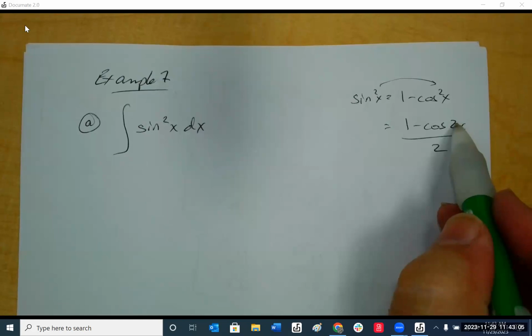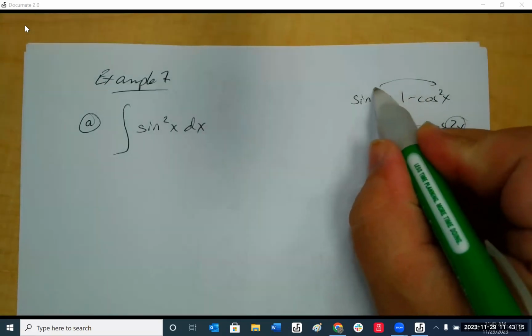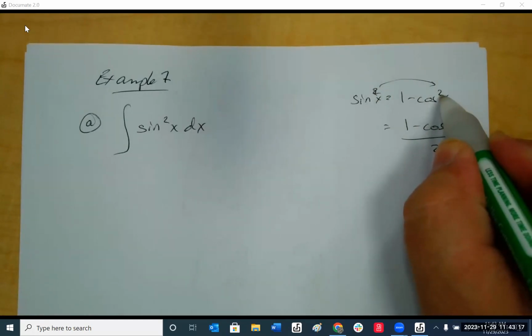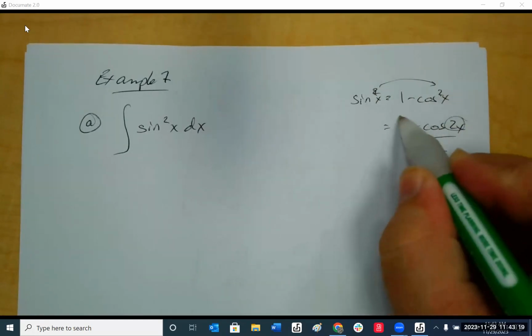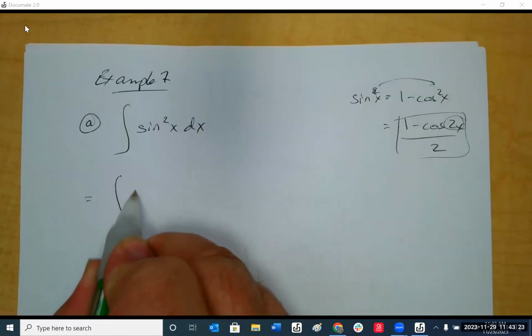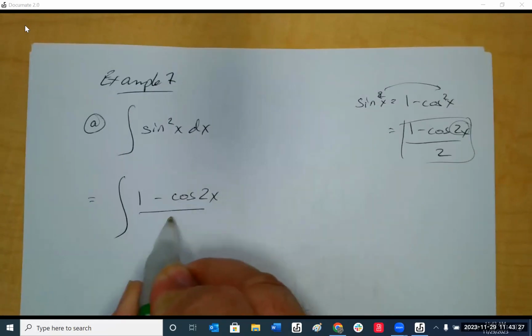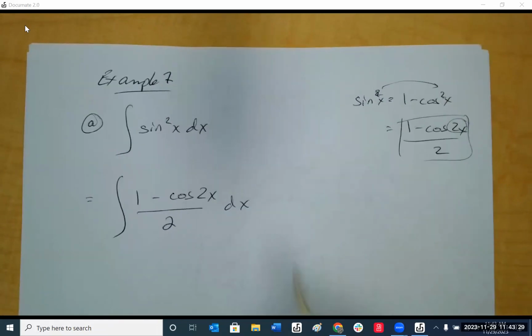We have no more exponents, but now we have a coefficient. You have those in your cheat sheet. The bottom line is we want to get away from the exponents. So we'll use this transformation: 1 minus cosine 2x over 2 dx.